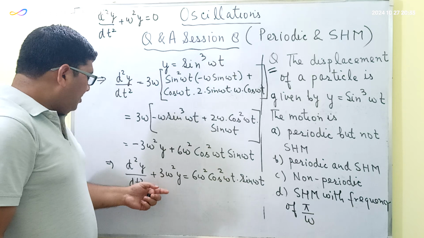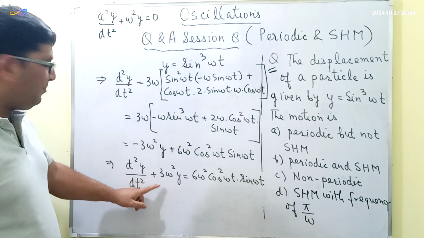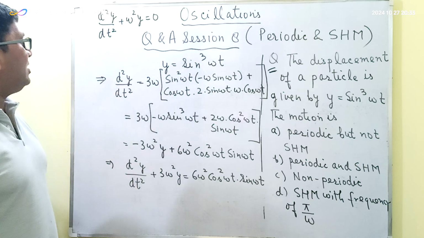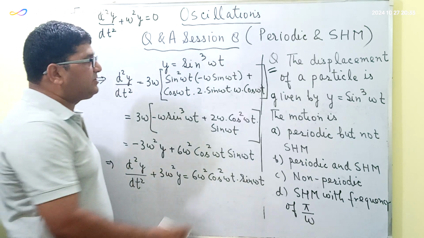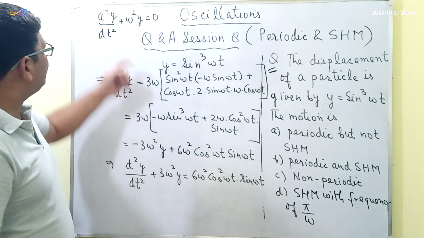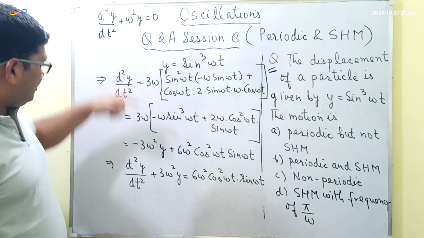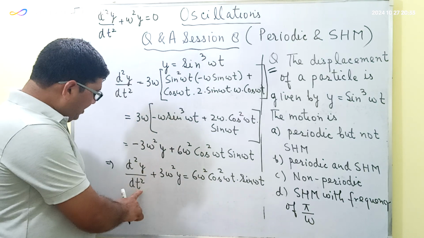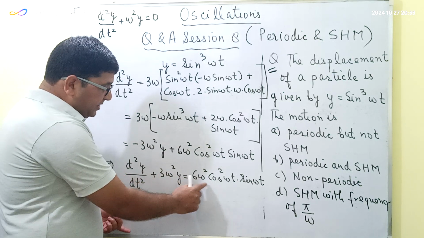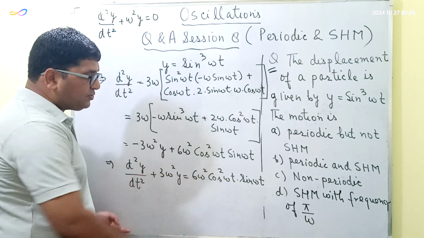Now if I compare this equation with the equation written on the top, which is the equation for the acceleration of a particle executing simple harmonic motion, this equation is not resembling that equation, because here d square y upon dt square plus 3 omega square y is equal to 6 omega square cos square omega t into sine omega t.